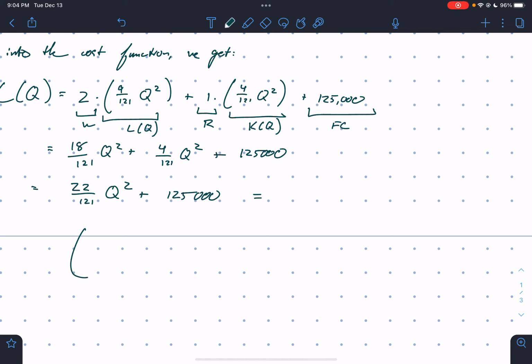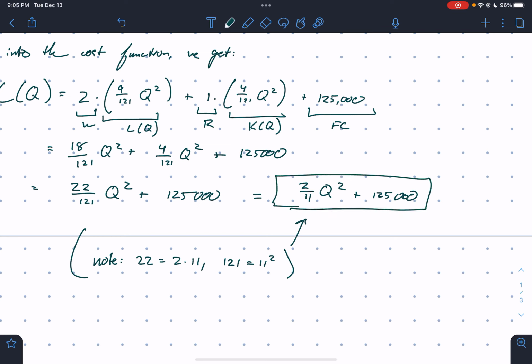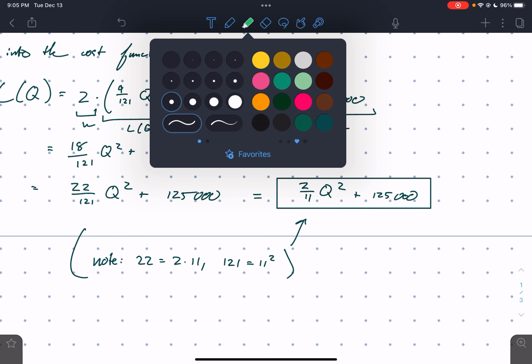So note, 22 is just 2 times 11, and 121 is just 11 squared. So this means I have basically 2 over 11 Q squared plus 125,000 as the cost function. All right, so this is the cost function of the firm when it is choosing inputs optimally.